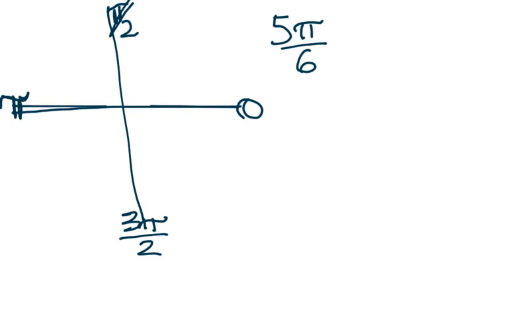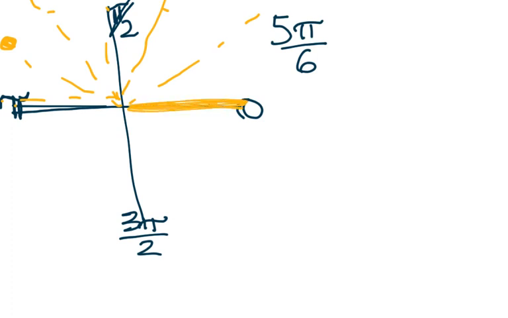Now you can look at the unit circle foldable for those, but you'll notice that from 0 to pi, if I divided this up into 6 parts, 1, 2, 3, 4, 5, 6, and I counted 1, 2, 3, 4, 5, then this is where, here's my initial, here's my terminal.